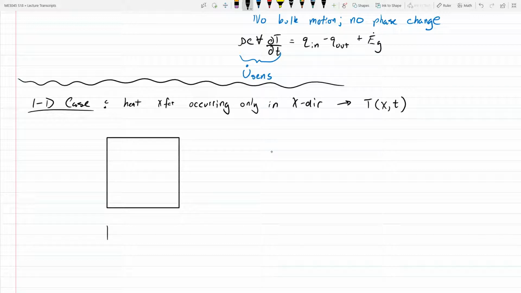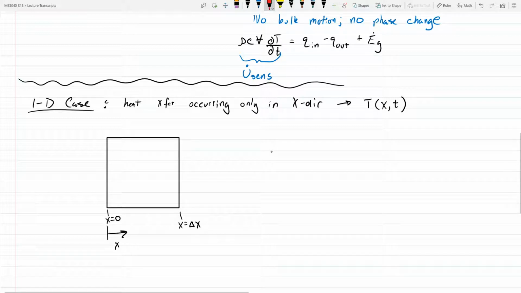So let's go ahead and define this thing. So here's our x coordinate. Go ahead and say that this side is at x equals 0. This side is at x equals delta x. We've already established the width of this thing is delta x.